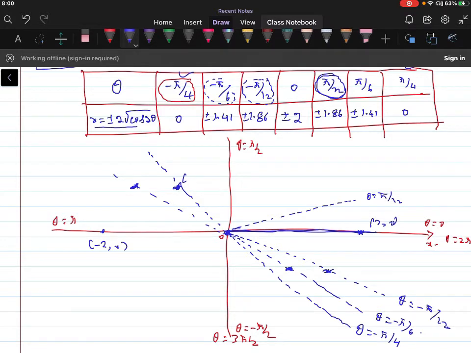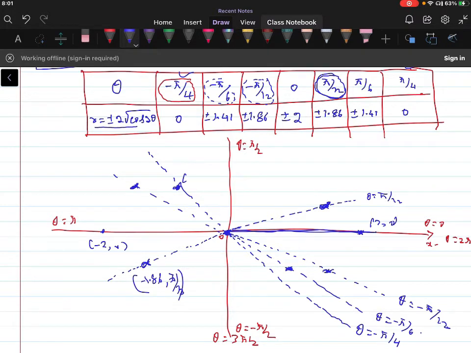Then take the point 1.86. So this point is 1.86 and pi by 12. For the representation of this point on the opposite side, extend the ray in the opposite direction. So this point is minus 1.86 comma pi by 12.